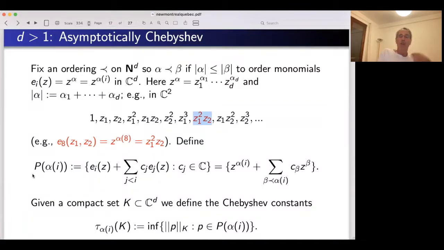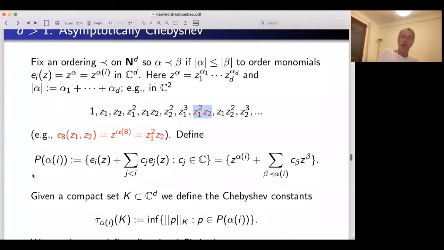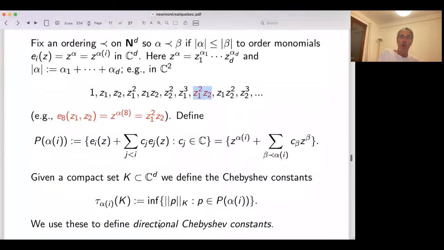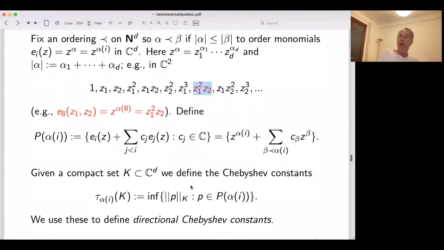And so for each such class, I define a Chebyshev constant. I minimize the sup norm over all polynomials in that class. And I'll call that number tau sub alpha I of k. So tau sub alpha of 8 would be the smallest, well, you get it, right?